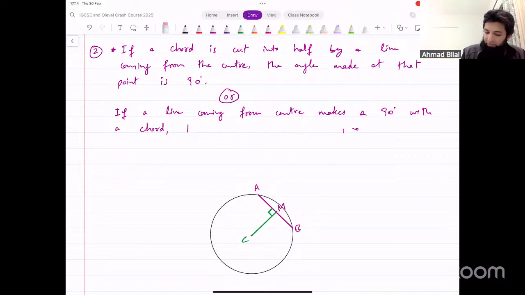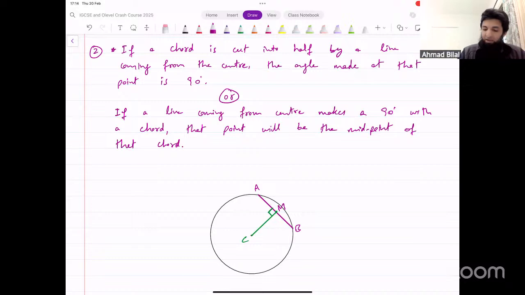I can say that point will be the midpoint of that chord.